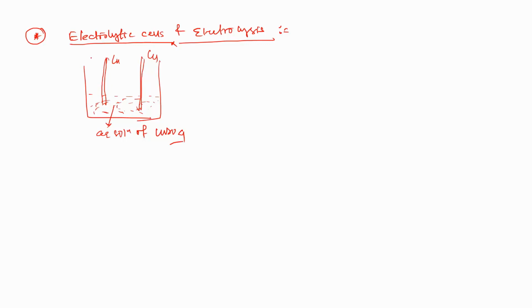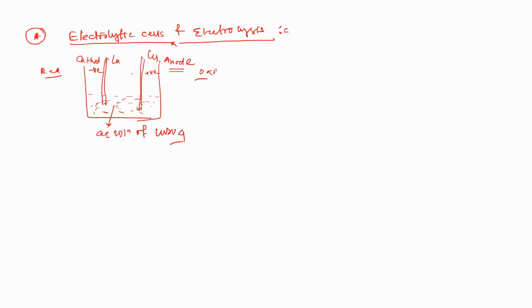One will be the cathode and the other will be the anode. In the anode we get the oxidation reaction, and in the cathode the reduction reaction. The cathode will have negative charge and the anode will have positive charge.